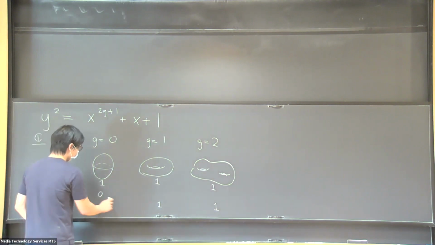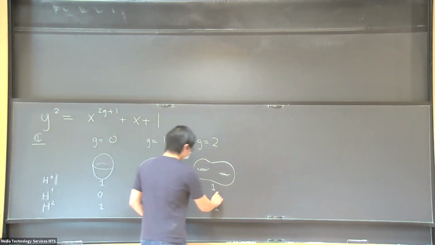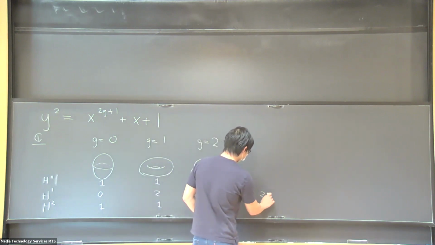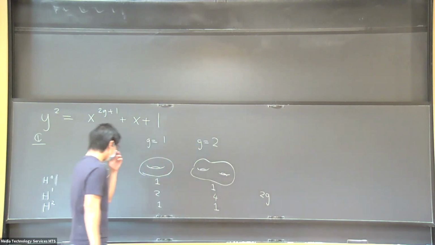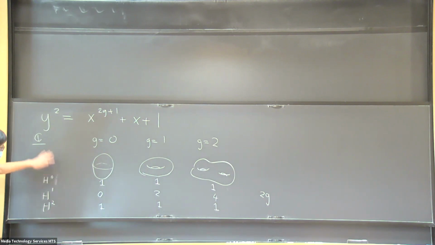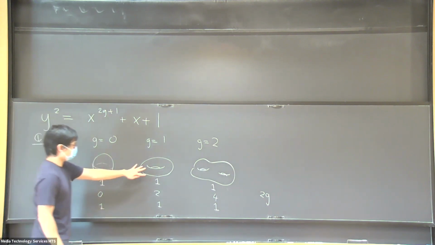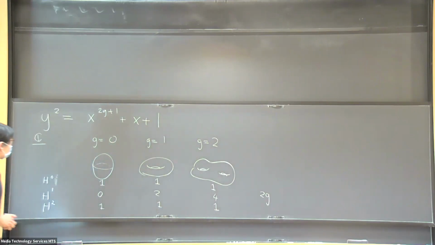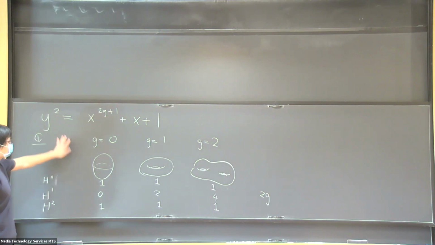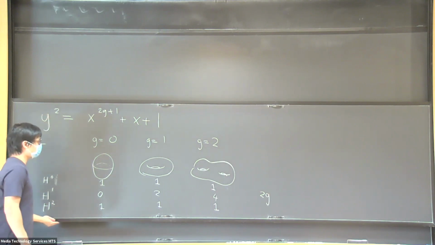We get 0, 2, 4, and in general, 2g. These cohomology groups are a way of attaching vector spaces to my topological space, which reflects the structure of the topology. So this is one answer to the question of what the solutions look like.